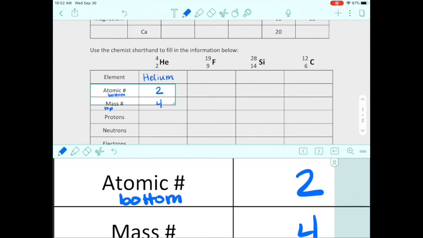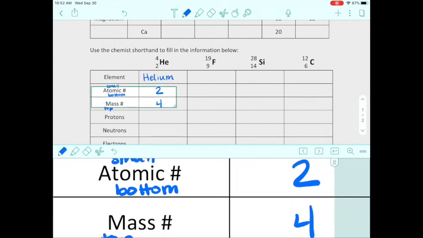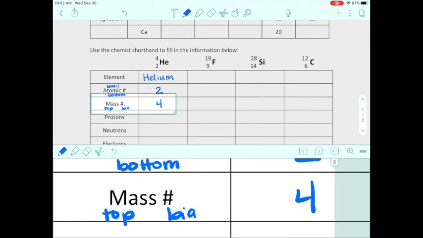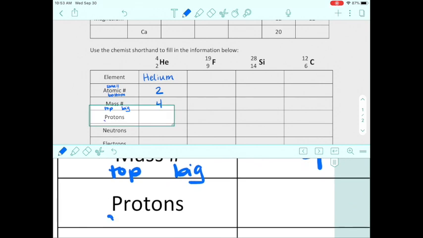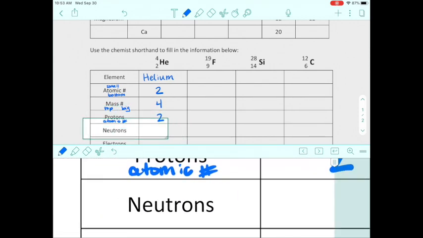So again, I'm going to fill in. We can put this as the small number, and this is the big number. The protons are always the same as the atomic number. So that is 2. The atomic number was 2. Neutrons is going to be mass minus protons.